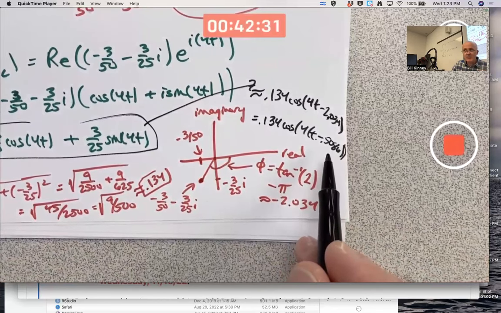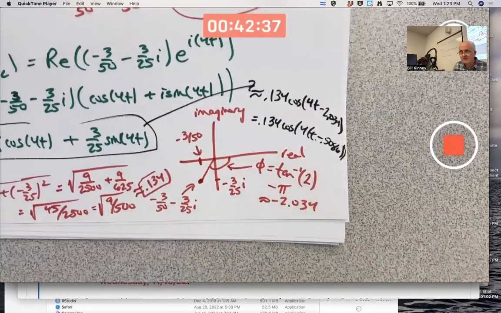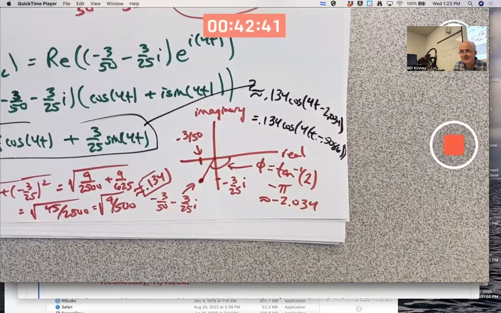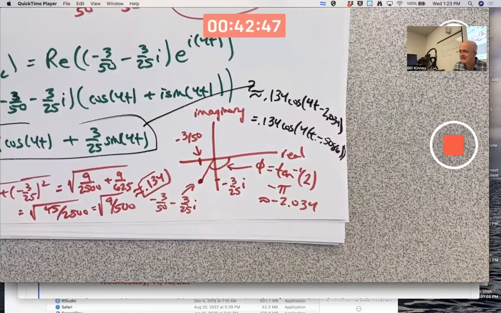Maybe it seems like more trouble than it's worth. It's not, because you can do even more than what we're doing here. You guys are in electronics, right? You've dealt with this kind of thing in electronics too, right? What is it called? Impedance.